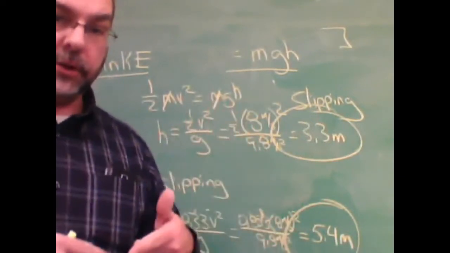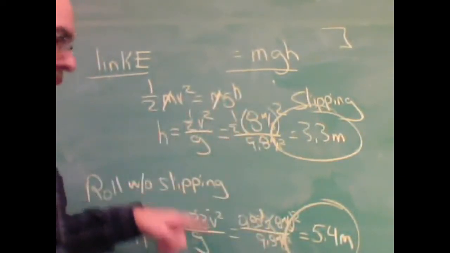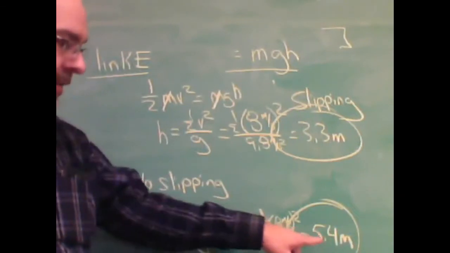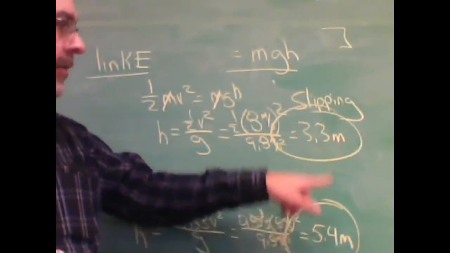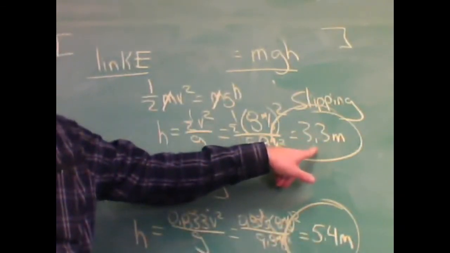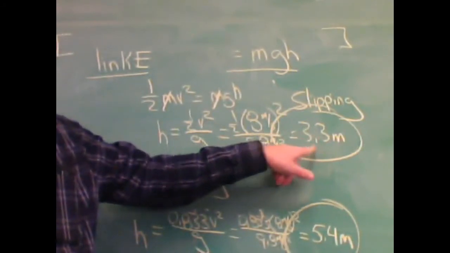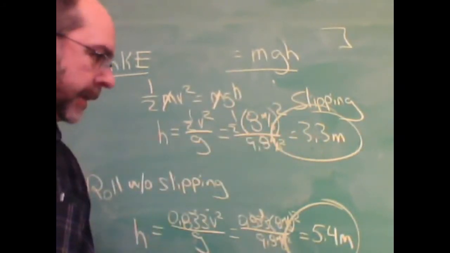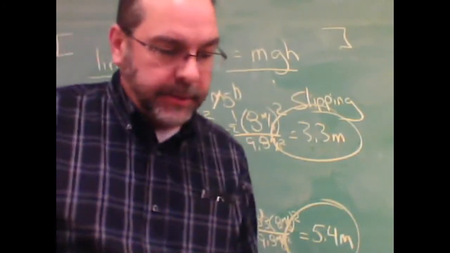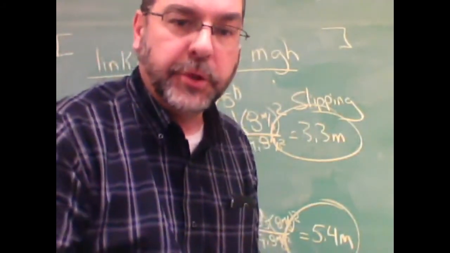Both of those energies were converted into gravitational potential energy, and that was higher than if all we had was linear kinetic energy converted into gravitational potential energy. So that is number 28 from chapter 10.